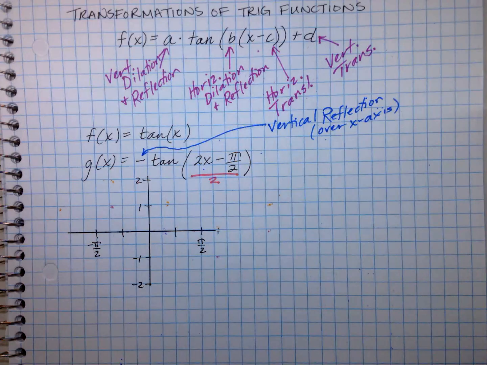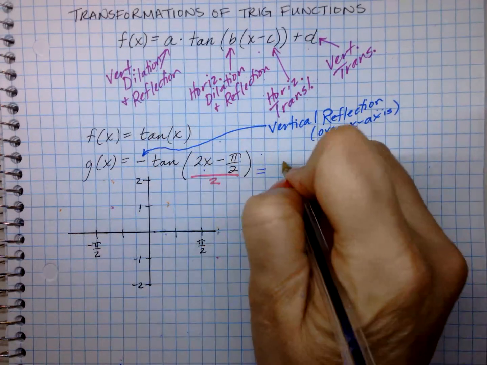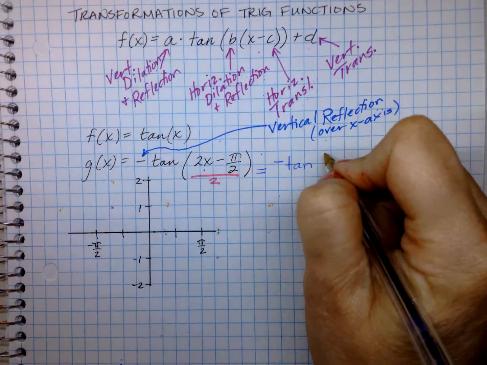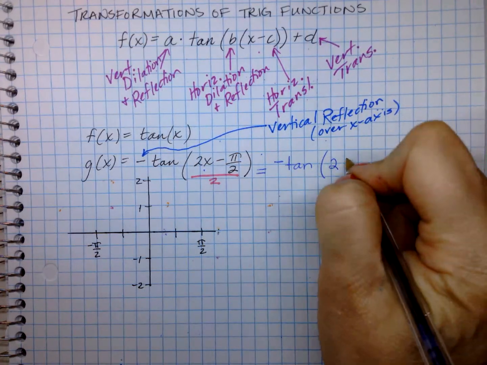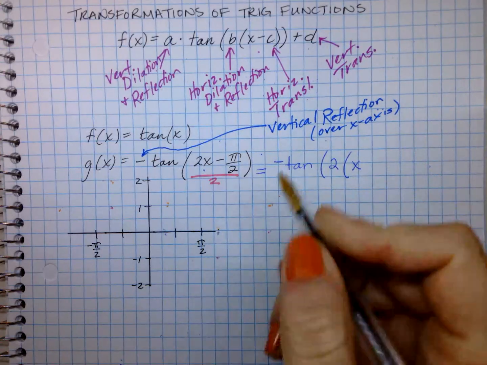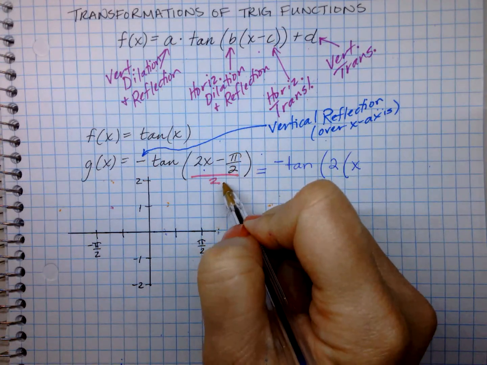So what will that look like if I complete that work? Let's use a pen for this. The front part's not going to change at all. The negative tangent of 2, if I factored off that 2, it's just going to leave me with an x. What happens if I divide negative pi over 2 by 2?